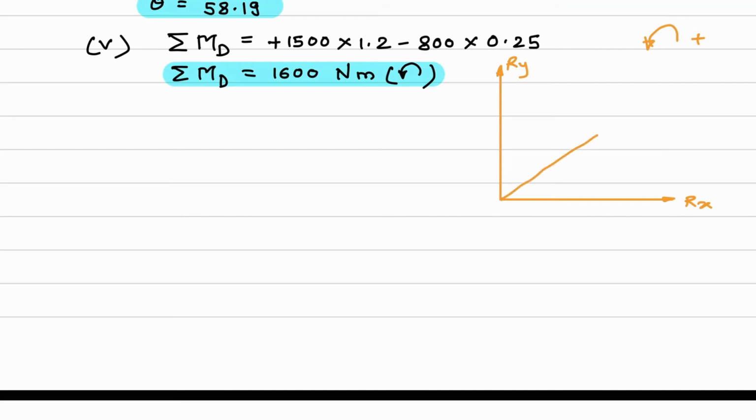Resultant is in first quadrant, R. And we have to shift this. We have already seen that it will be shifted where? On the bottom side. So it will be like this. Why is it like this? Because direction of moment is anti-clockwise. Here you can see this direction. This is anti-clockwise.